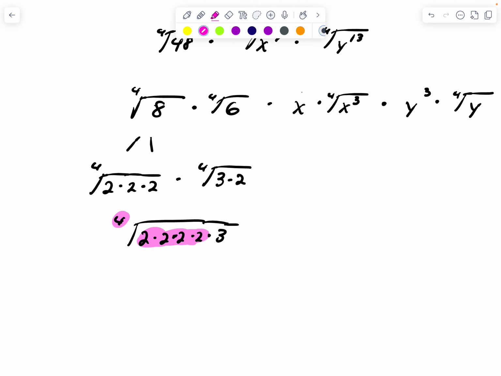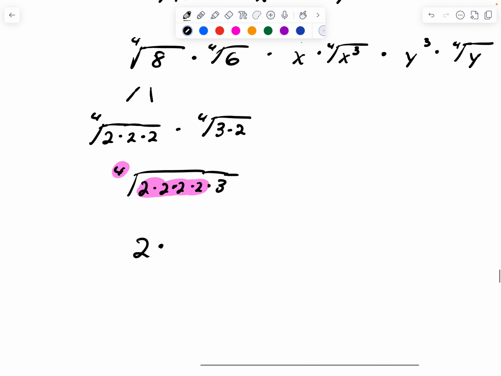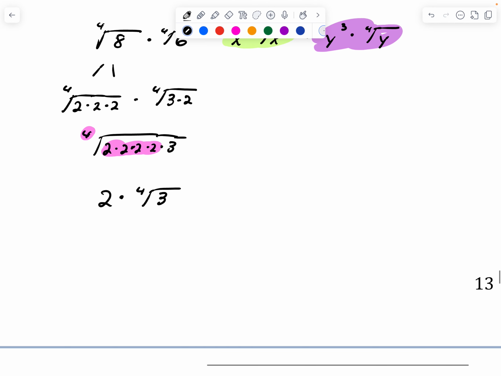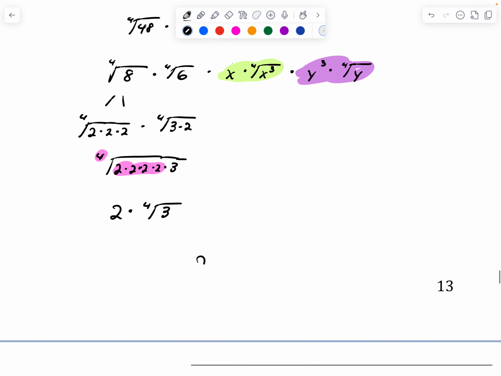I have 4 2's being multiplied together, so that means there would be one 2 on the outside. All right, and if I bring down my other pieces, I can write down my answer, which is going to be 2xy cubed times the 4th root of 3x cubed y.